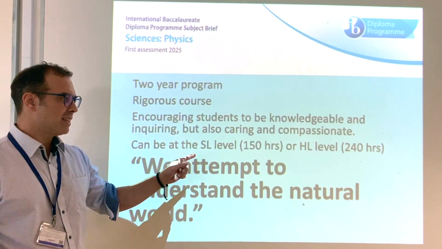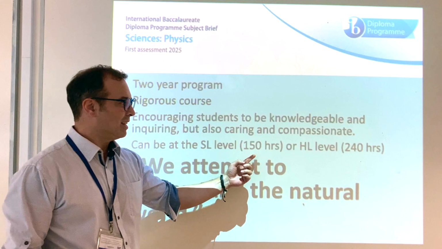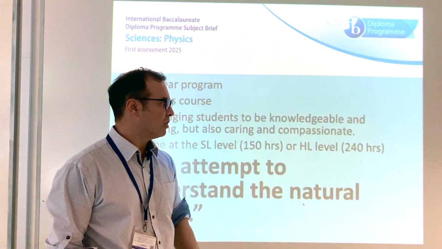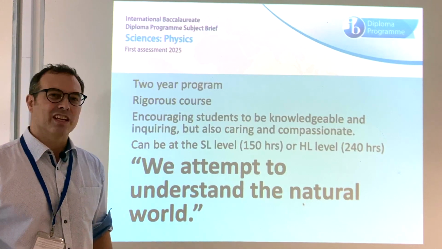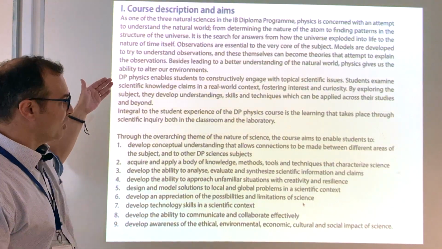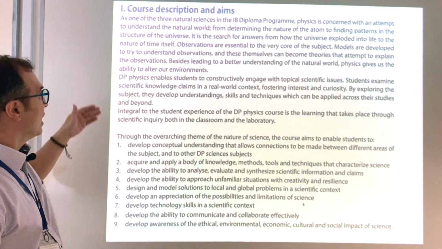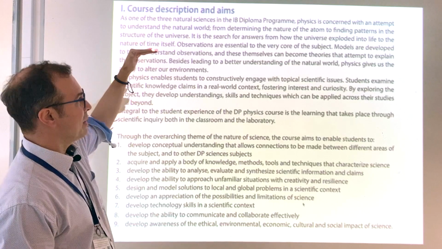And it can be at the SL level, which is 150 hours of recommended study, and HL is at 240 hours of recommended study. We do attempt to understand the natural world. The thing we're looking at here is really the course description and aims. And what we really want to pick from this is that we're looking at models.